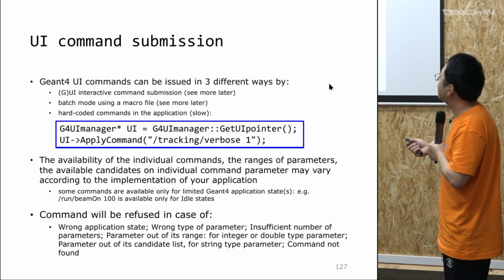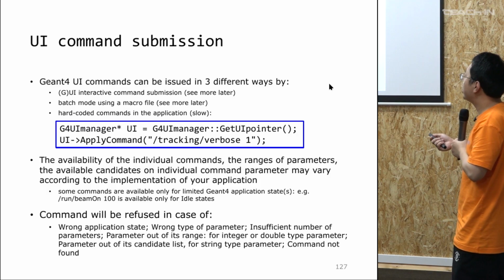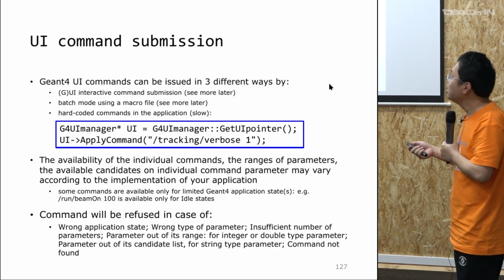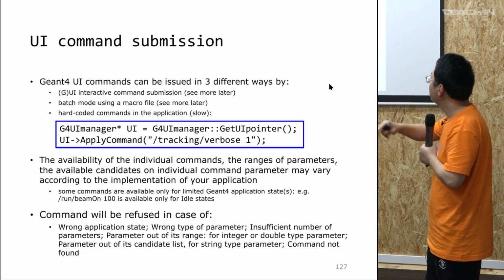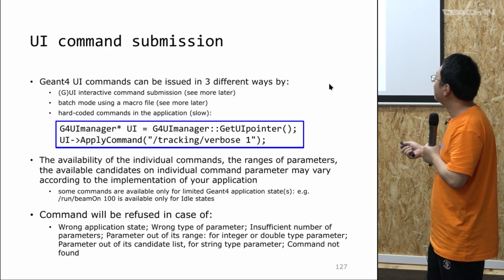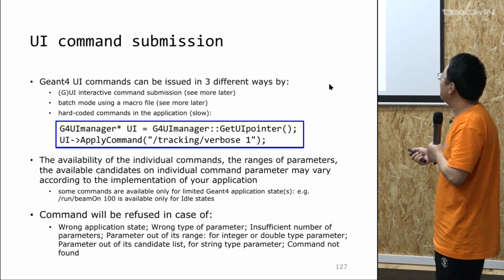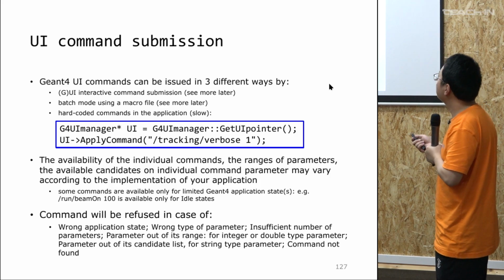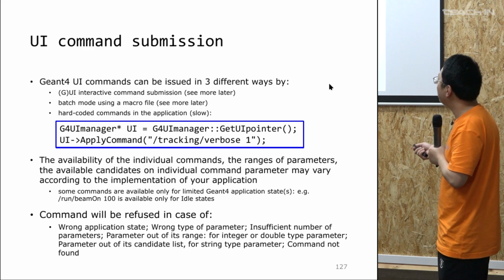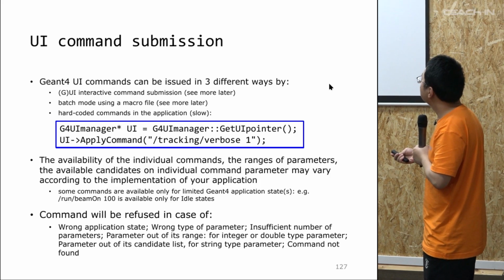Another way is to use a so-called macro file. It is useful when you want to submit a batch of jobs, so you can collect all the necessary commands in this file. You can also do this in an interactive way, which I think we will introduce later.